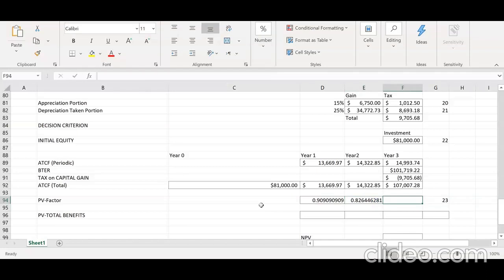And for the third year, I'm going to use 1 divided by 1 plus the required rate, and we close the parentheses to the power of 3.